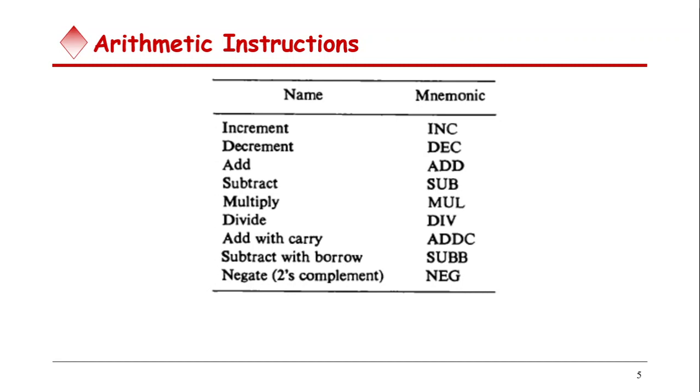Similarly, the subtract with borrow instruction subtracts two words and a borrow which may have resulted from the previous subtract operation. The negate instruction forms the 2's complement of a number, effectively changing the sign of an integer when represented in the signed 2's complement form. So these are the different arithmetic instructions.